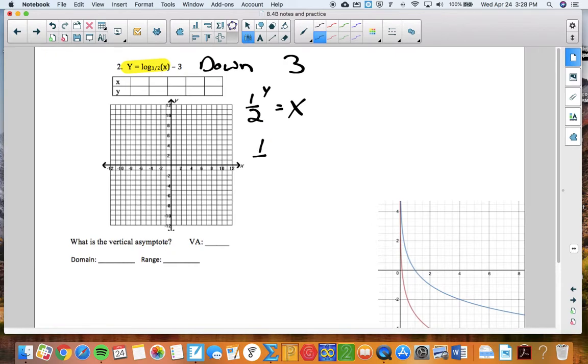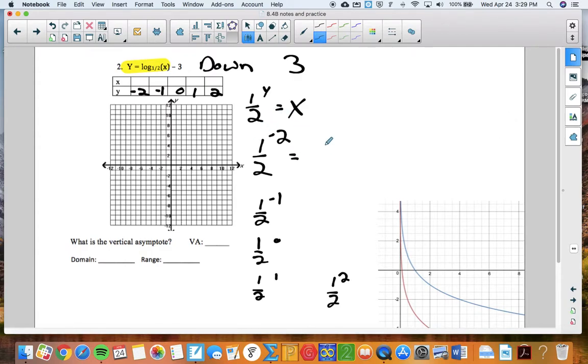Remember, our inputs are now our y's, and we'll use these for our inputs. So 1/2 to the -2, 1/2 to the -1, 1/2 to the 0, 1/2 to the 1, 1/2 to the 2.